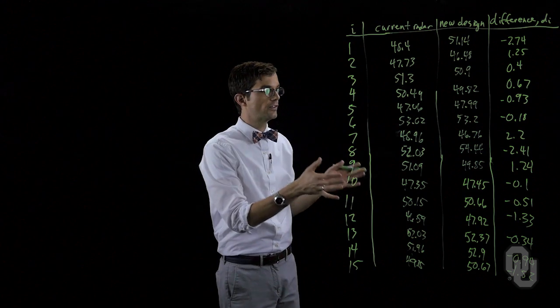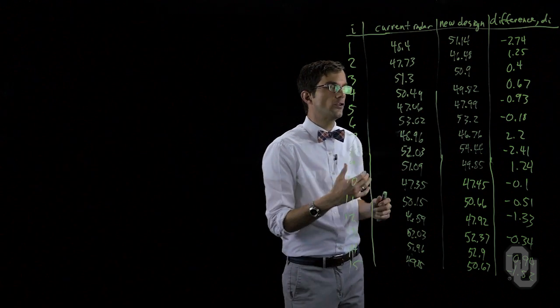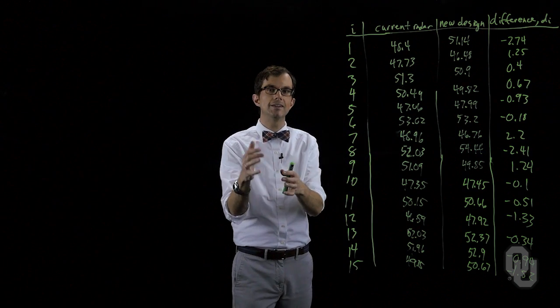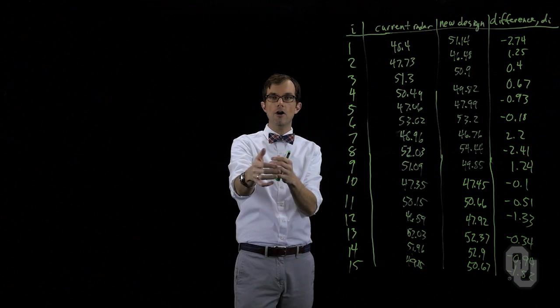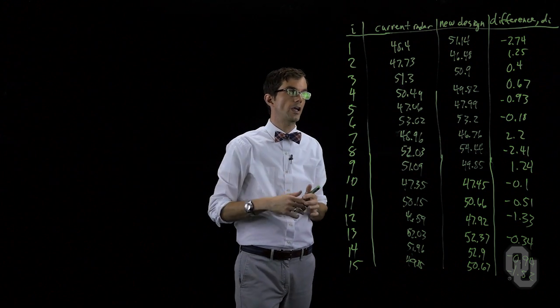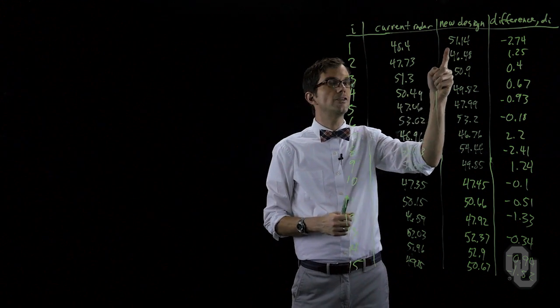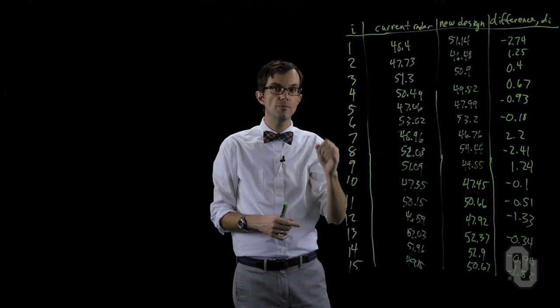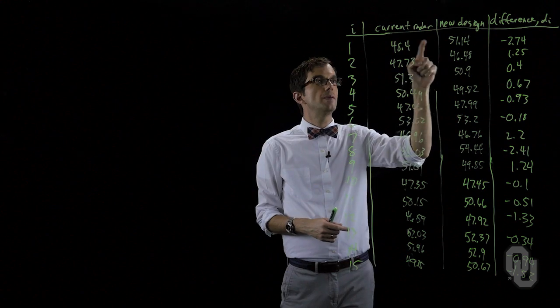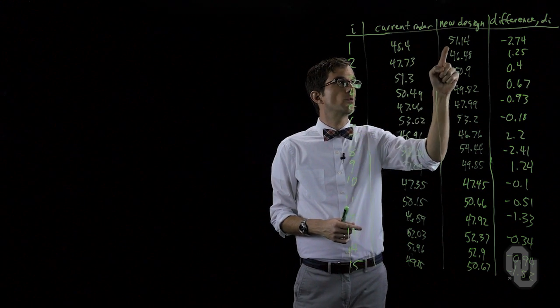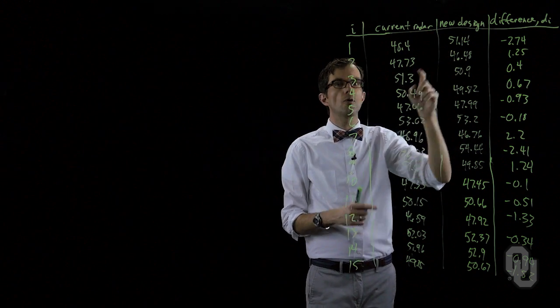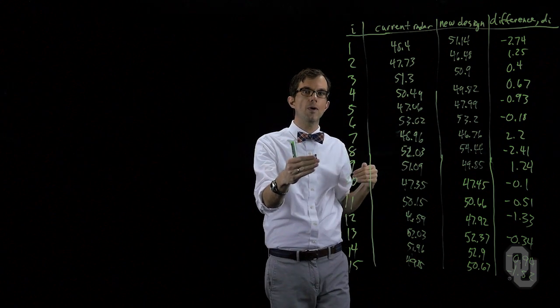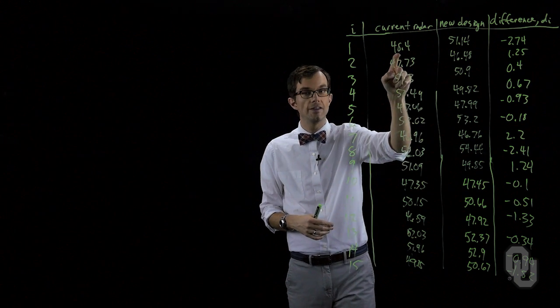So if it's better, that means that it can detect the target farther away. So we would want this number to be bigger than this number. If the new design is better, this number should be bigger than this number, because this radar would say we're detecting from farther away, bigger number than this one.